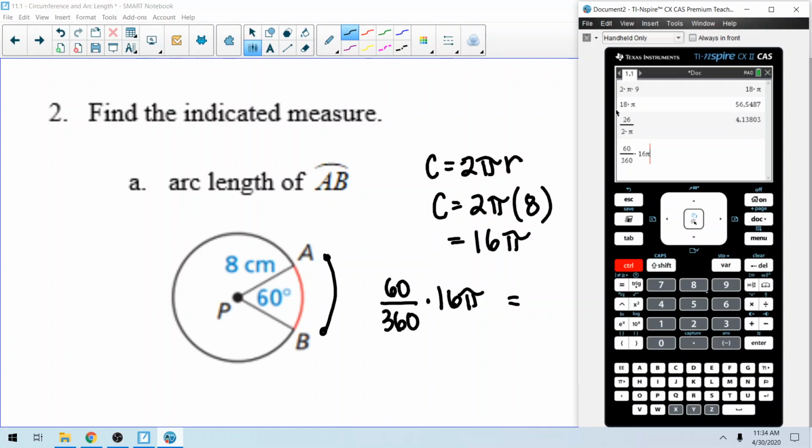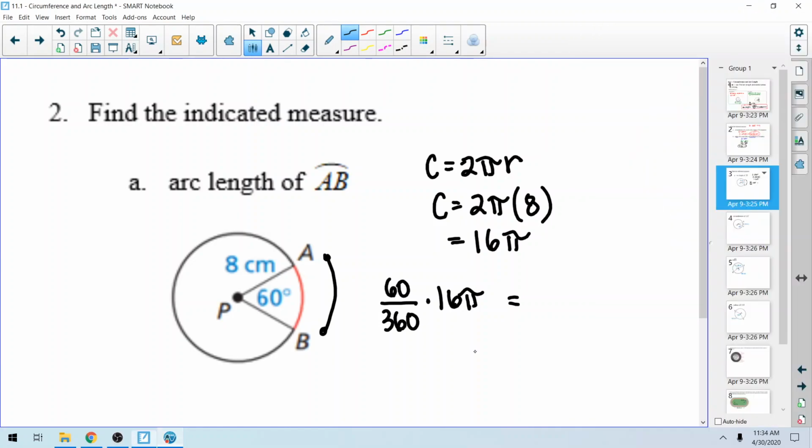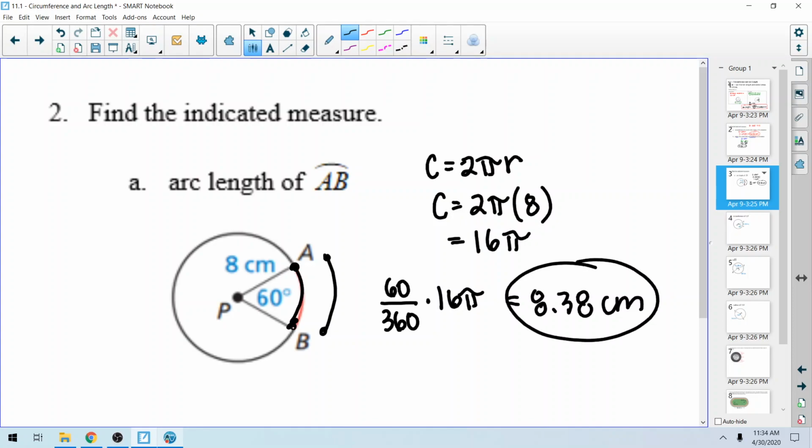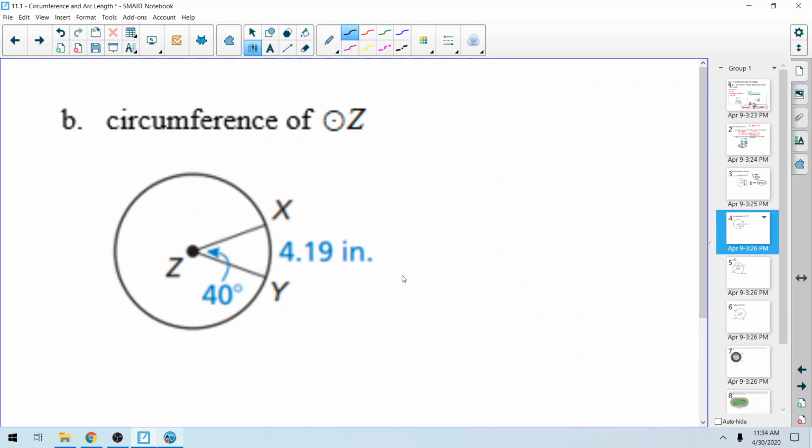And then Control Enter, which means the length of AB is 8.38. So we've got 8.38, and we're dealing with centimeters, and that is just the distance from A to B, not the whole way around the circle. That's arc length.